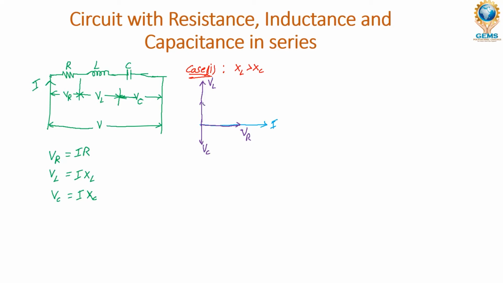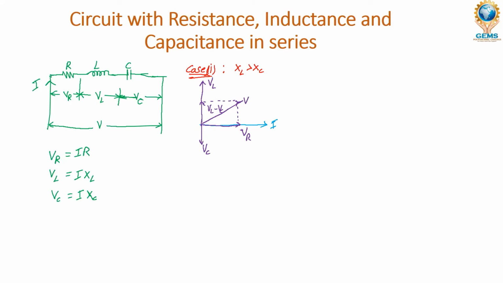So the value is VL minus VC. Resultant will come here. This is the VL minus VC. That is B.